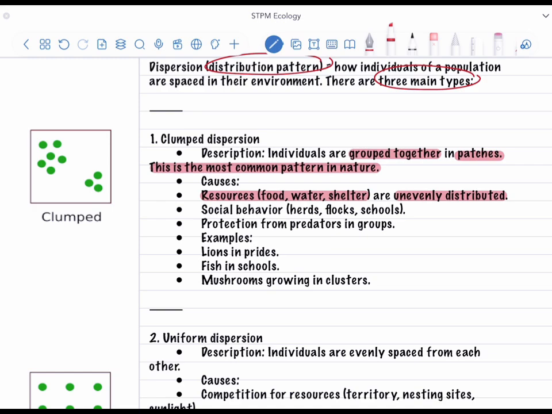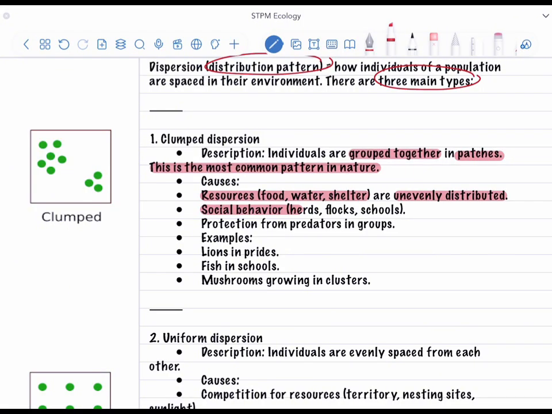For example, the plants and the fungi are often clumped where the soil conditions and other environmental factors favor germination and growth. And also, this clumping of animals may be associated with social behavior such as mating behavior. For example, the sea stars will group together where food is abundant and where they can breed successfully.